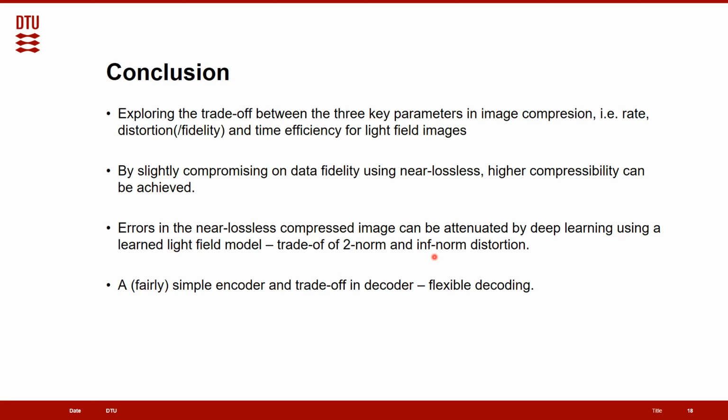And at the end, I would say we have a fairly simple encoder. It can probably be further simplified. And then we presented a possible trade-off on the decoder side for flexible decoding.